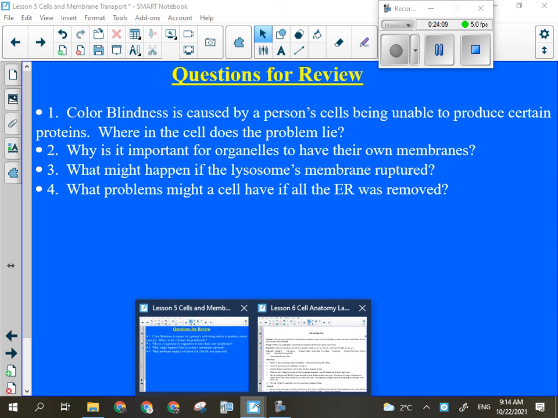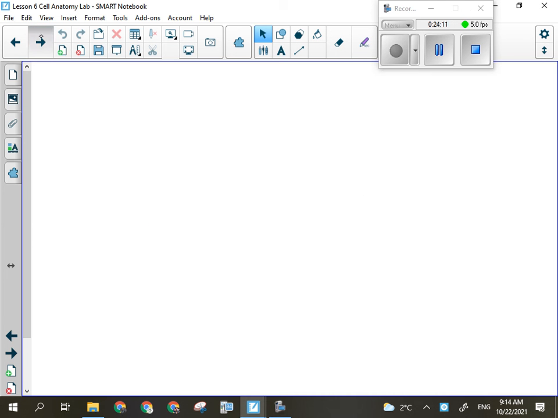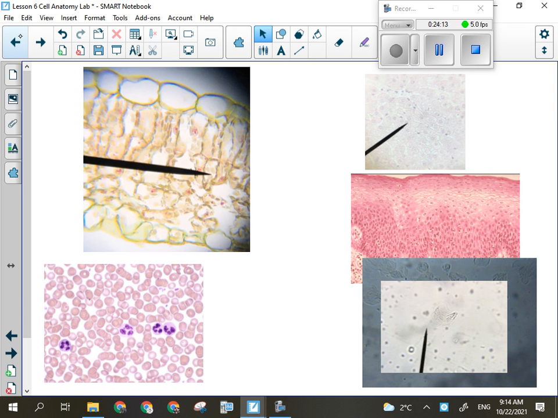So to give you an idea of what we'll be looking at, okay, we'll be looking at a leaf cross section. Okay, so what we mean by a cross section is if this is the leaf, we would be cutting it across like this and looking at this part from the side.